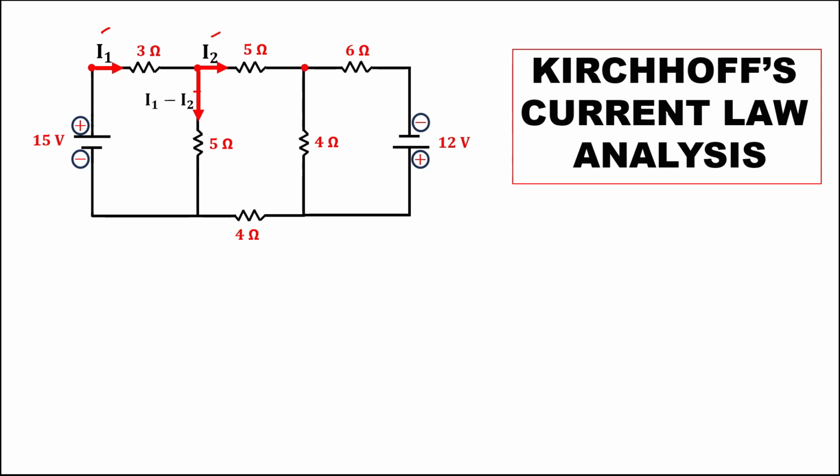Then from this junction, this is current 3. So we have current 2 and current 3, and this is current 2 minus current 3. Then this current is also equal to current 3, and this current is also equal to current 2.